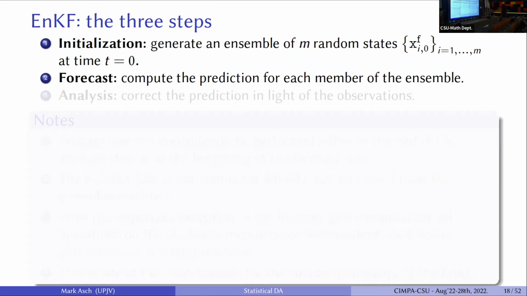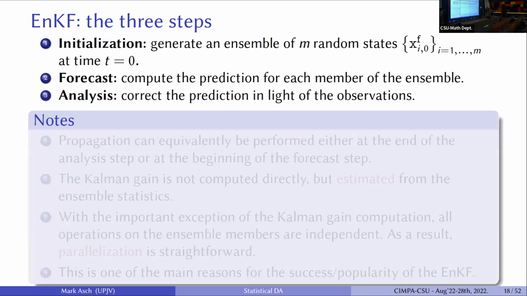So we just project forward, and there's no need to use linearization because now we can use a fully nonlinear model. I'll show you with the equations. And then, as usual, we do the analysis, the correction: prediction, correction, forecast, analysis, correcting the prediction taking into account the observations that we've just obtained.